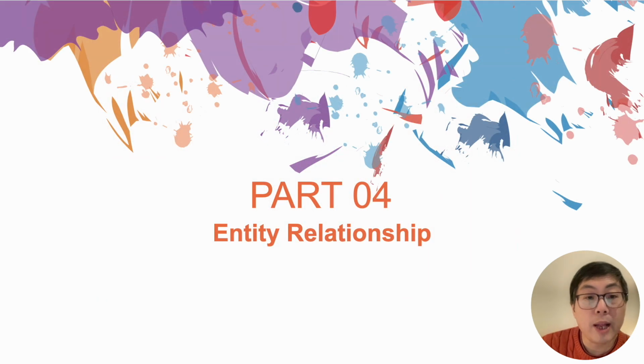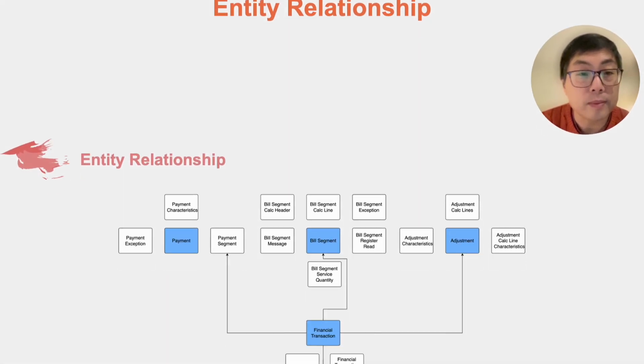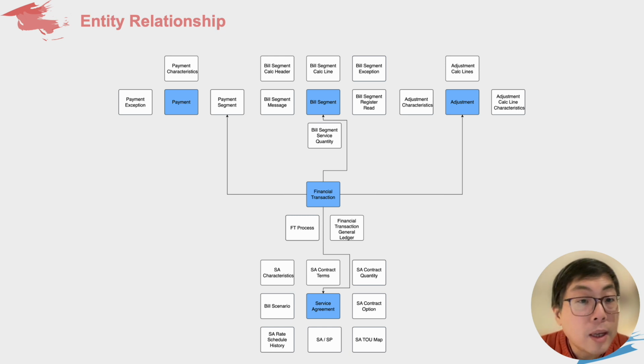Okay, so last one again, we want to look at the entity relationship. Right in the middle is the financial transaction. Actually, the object itself is really simple, but as we said, it is linked to the service agreement. So every financial transaction is linked to a service agreement.